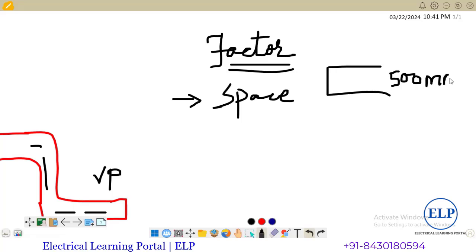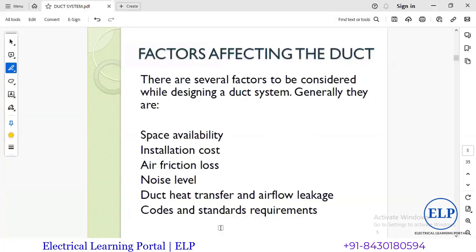So we have to design our ducting system in such a way that all other services are coordinated and accommodated here. This is the very important thing. How can you change the space? By adjusting the height of the ducting. It's very simple. With adjusting, we can always check for the space availability. This is the very first point, space availability.